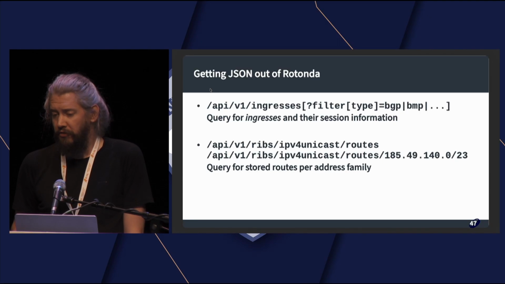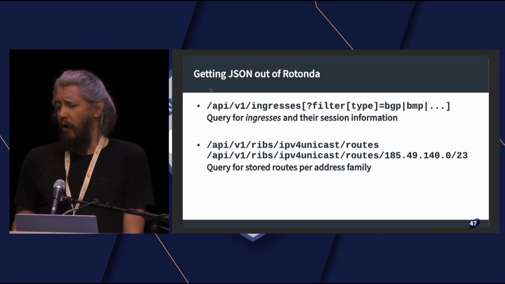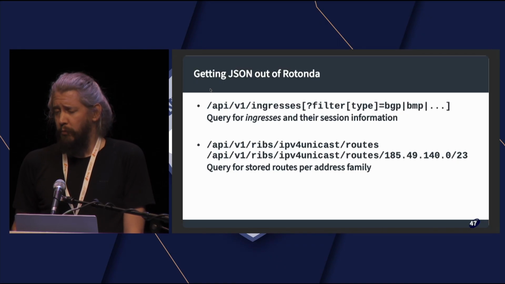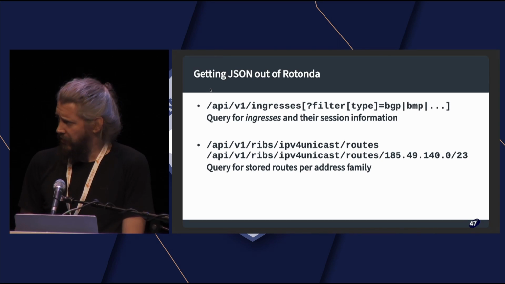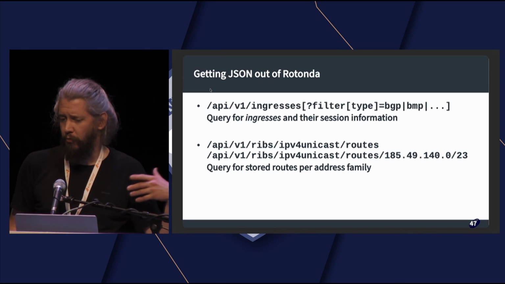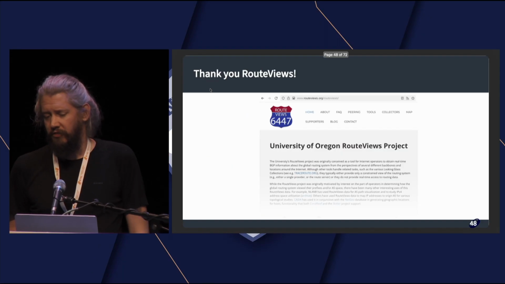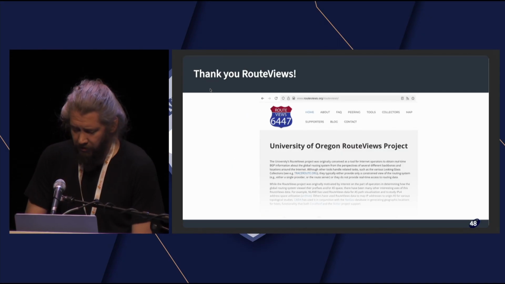There's 2 variants there. The top one gives you everything in that RIB. That will really give you gigabytes of JSON. Or you can search for a specific prefix and ask for less specifics and more specifics. And the store is really tailored to do that in a very fast way.